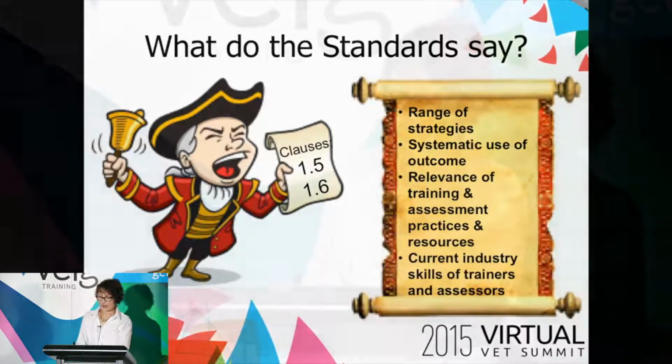The context statement for this standard says, and I'll read it so I get it right: industry must have confidence in the integrity, currency and value of certification documents issued by RTOs through high quality training and assessment and practices that are responsive to industry needs.